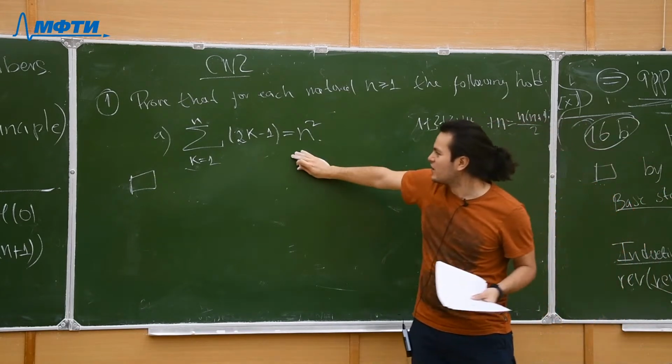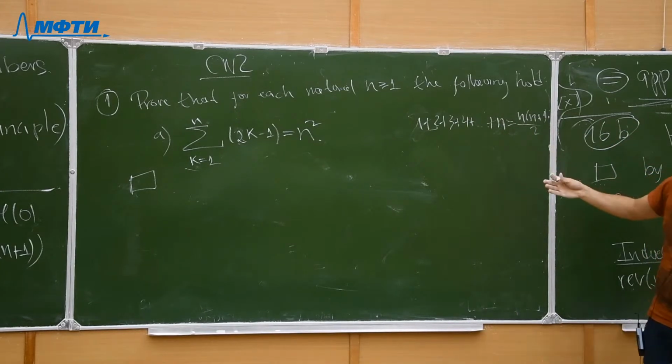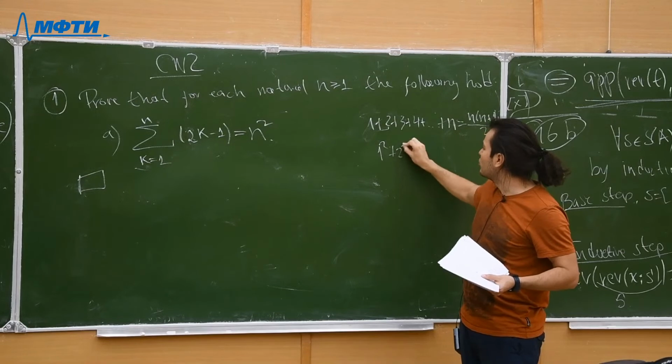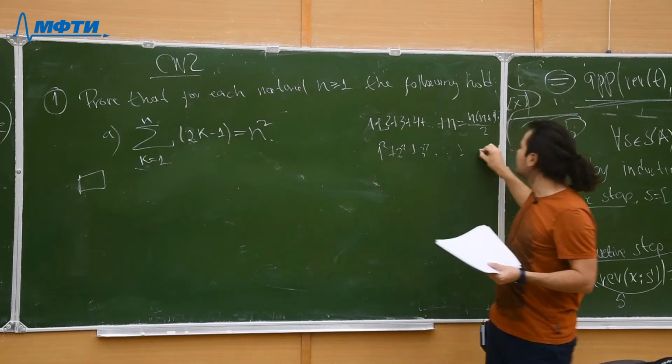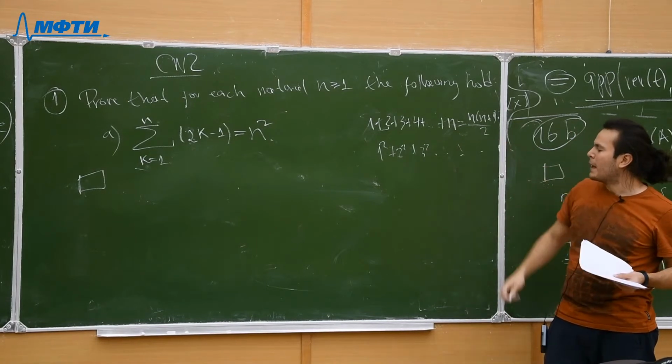This is going to be exactly the same as you did in your lecture. We can prove not only this, we can prove, for example, 1 squared plus 2 squared plus 3 squared and so on. Anything you want, we can prove this way.